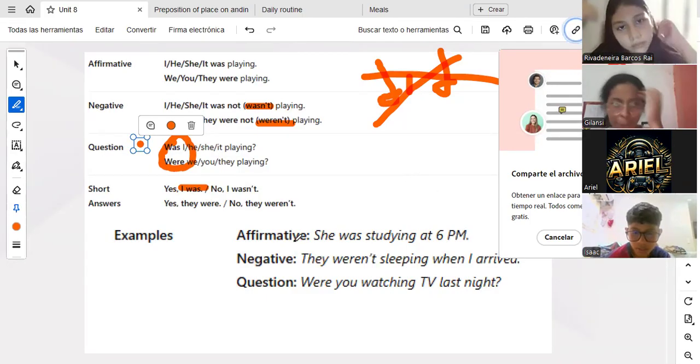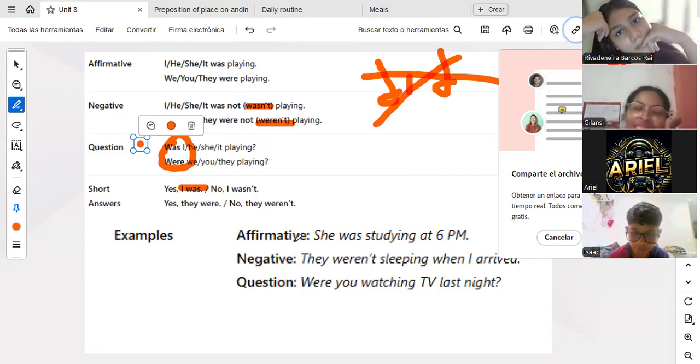Are you sure, Gilansi? En el tema del past simple, también se utiliza estructura con verbo to be, ¿o no? Come again. ¿Sí me escuchan?